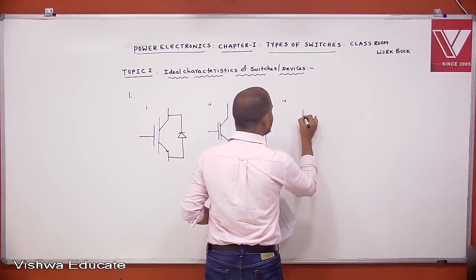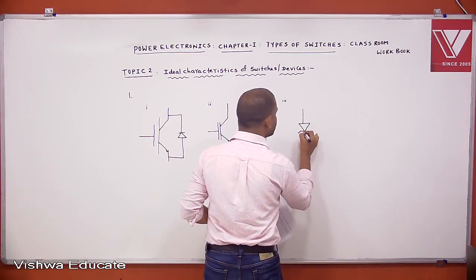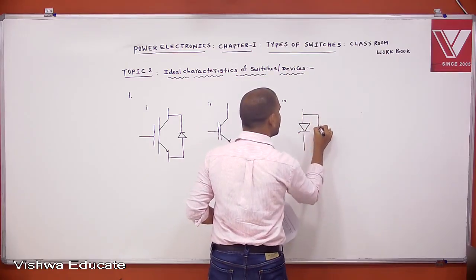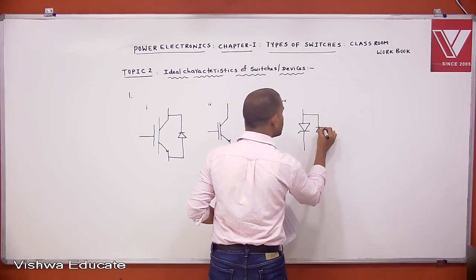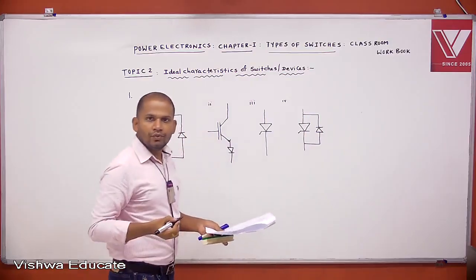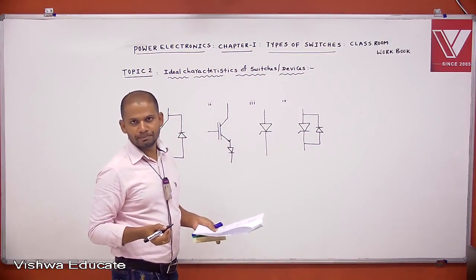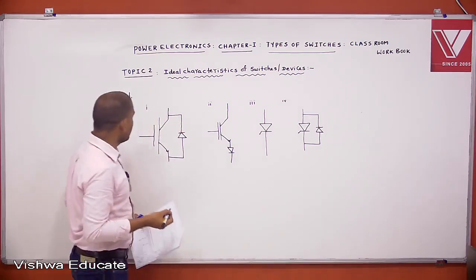This is RCT. Now, in these devices, which devices block both the polarity of supply, both positive and negative?